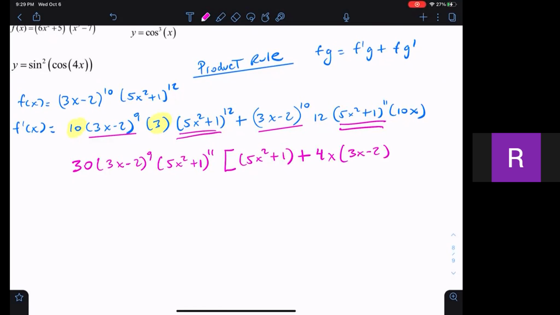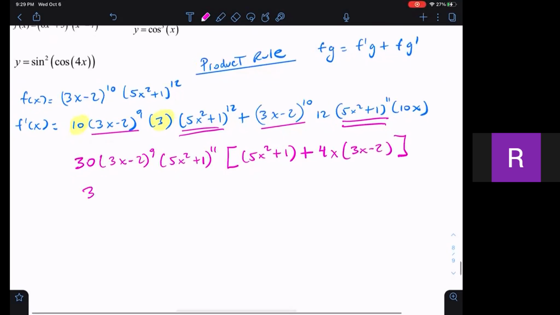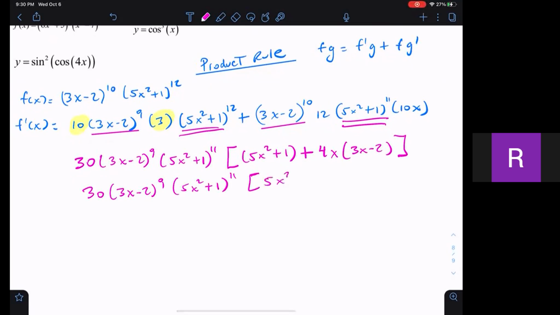And let's see. That's it, right? That's it. Now you compute this, and this is 30, (3x minus 2) to the 9 power, (5x squared plus 1) to the 11 power. And then you can simplify the inside, right? So this is 5x squared plus 1 plus 12x squared minus 8x, right? Did I miss something here?